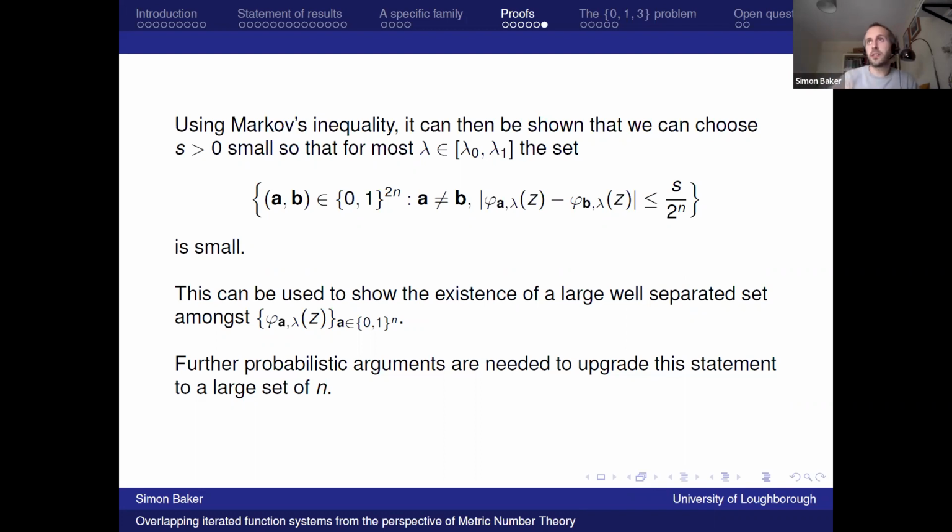To do this, there are some extra tricks we need. Particularly, there's a neat application of Fatou's lemma, which allows you to say something quite quantitative about the set of n for which you're going to have these large, well-separated sets. So this is just a bit of an insight into how you prove the existence of a large, well-separated set.